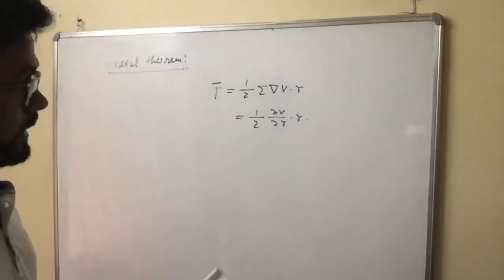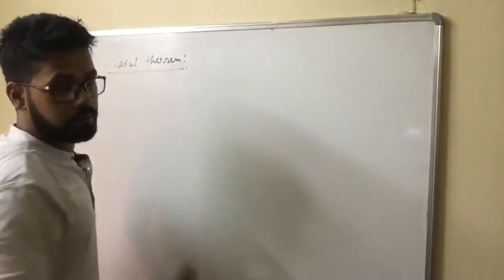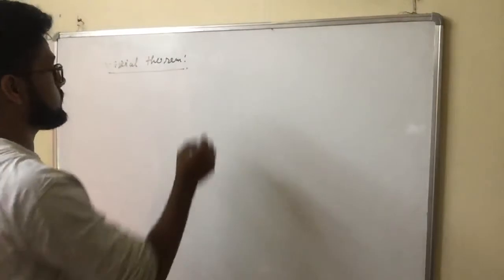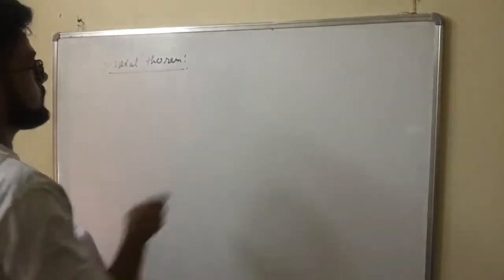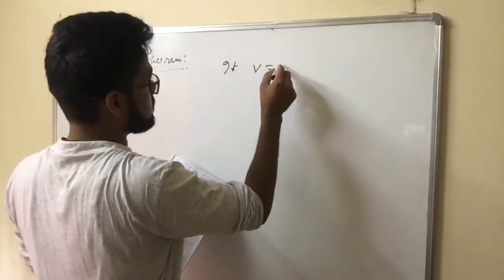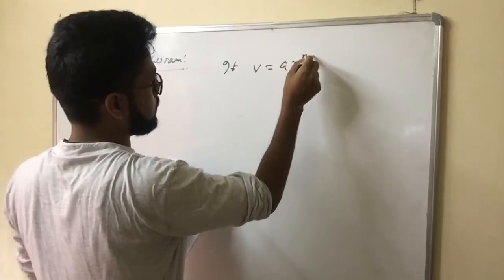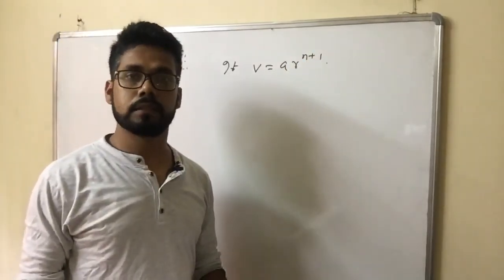This question comes in the GATE exam. If the potential of the system is V equal to A R to the power n plus 1, which of the following is the correct answer for the average kinetic energy of the system?